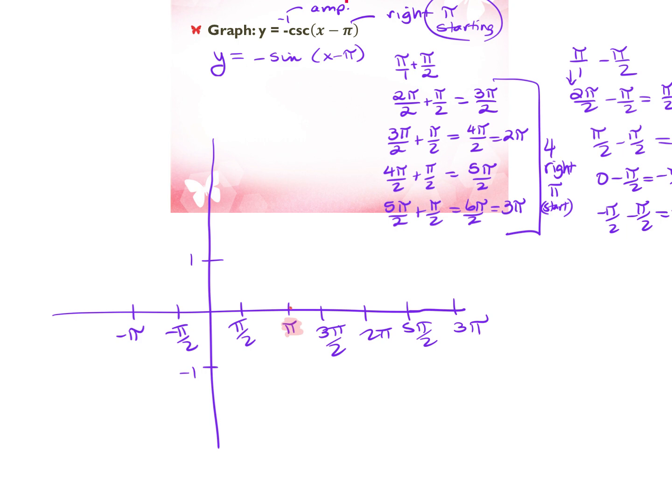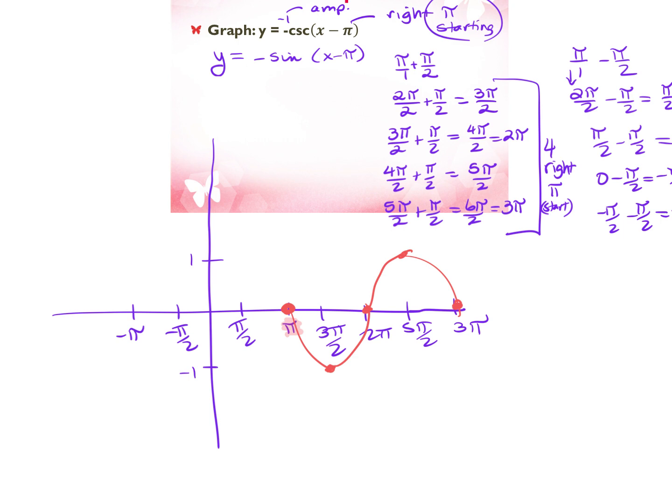So we're actually starting right here. And then from there, going down to the amplitude, which is the -1, and then back up, and then up here, and then back down again. I'm going to go ahead and I can add my little bends in, and then complete the cycle that's to the left of the starting point.